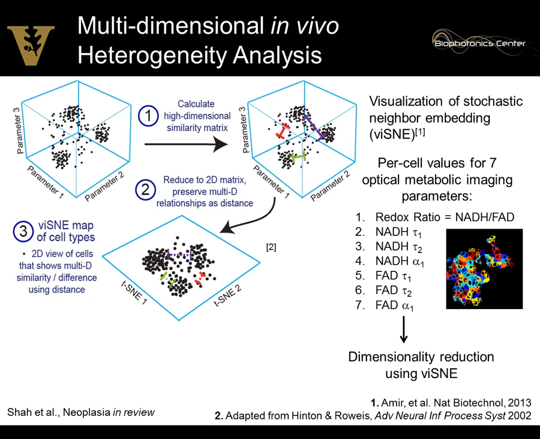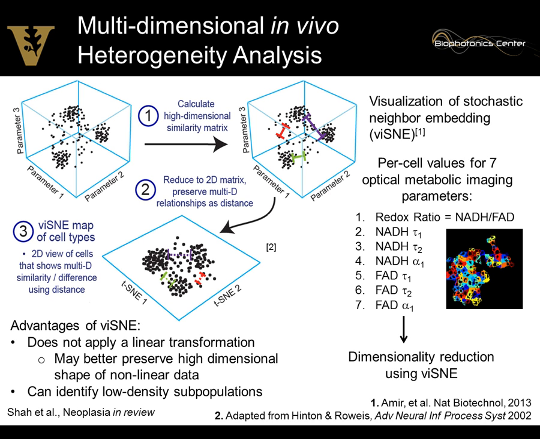So t-SNE is t-distributed stochastic neighbor embedding, and we chose to use this rather than PCA because it doesn't require a linear transformation, so it maintains this multi-dimensional relationship between the variables in 7-dimensional space, essentially. So what it does is it calculates, so there's 3 parameters shown here, we're measuring 7, right? So we're in 7-dimension space.